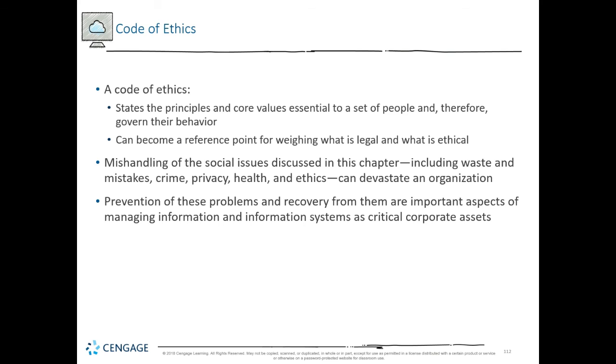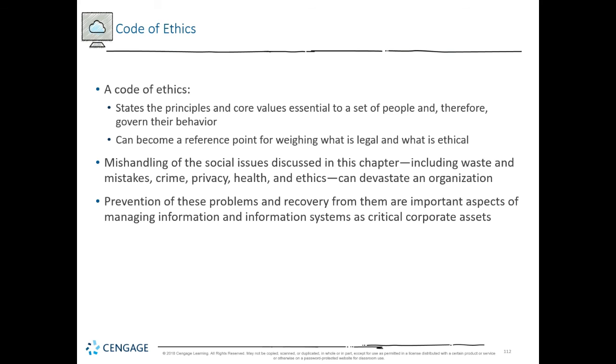Code of ethics. A code of ethics states the principles and core values essential to a set of people and therefore governs their behavior. It can become a reference point for weighing what is legal and what is ethical. Mishandling of social issues discussed in this chapter, including waste, mistakes, crime, privacy, health, and ethics, can devastate an organization.